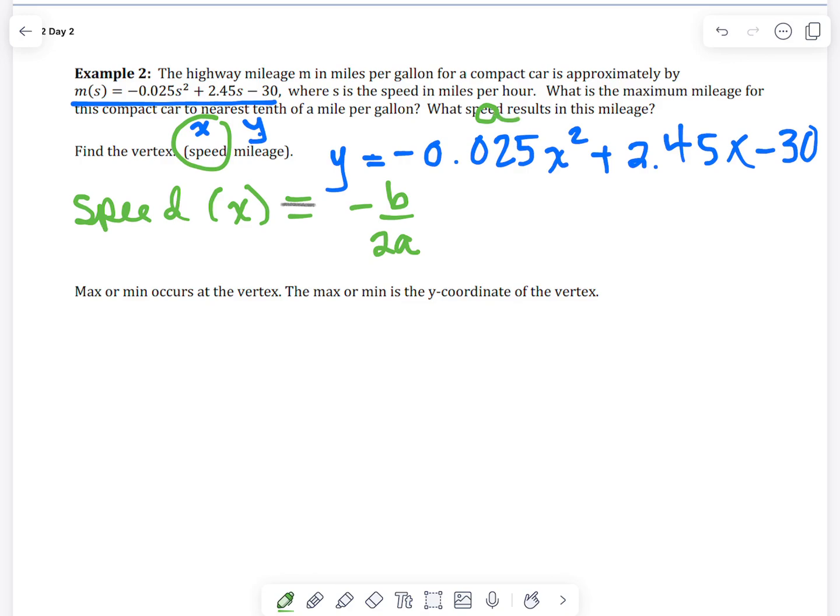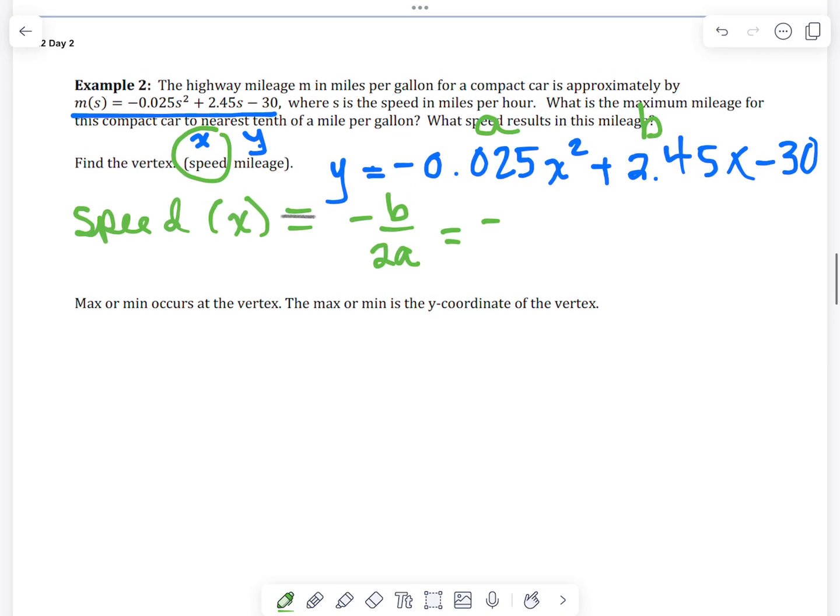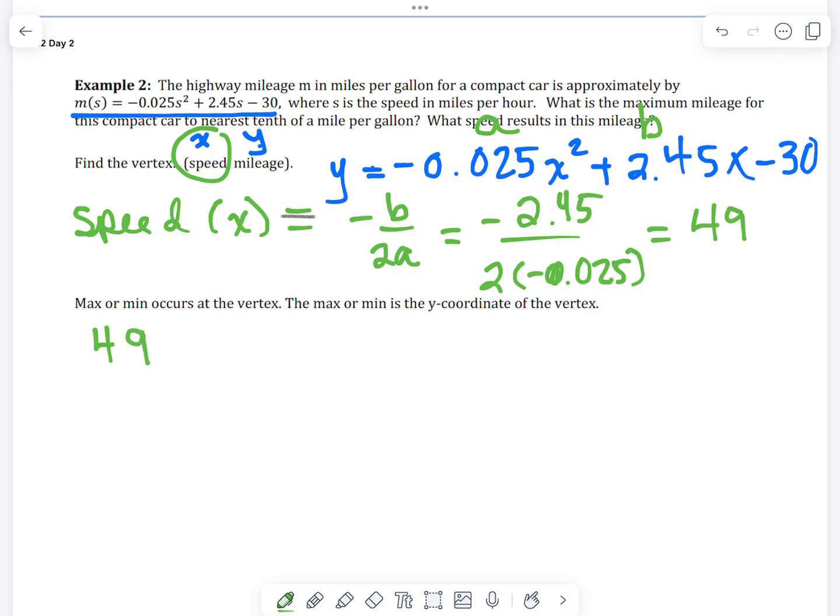So this is our a, and that's our b. So we substitute it in. We get -2.45 all over 2. Replace that a. And then we simplify it. And we get 49. So what does that mean? So the speed of the vehicle is going 49 miles per hour.